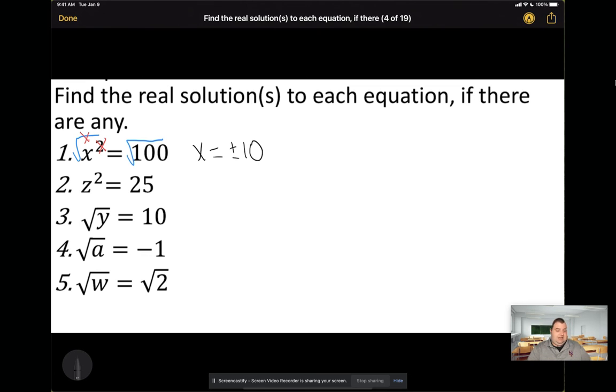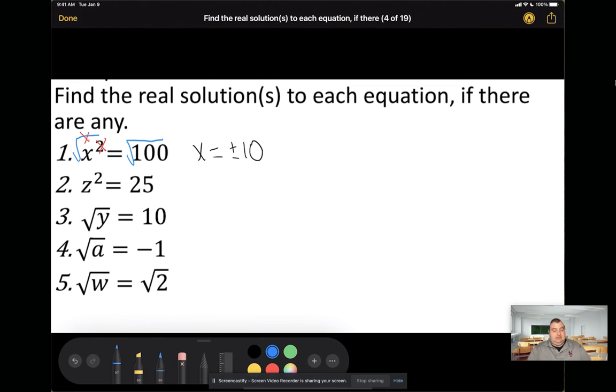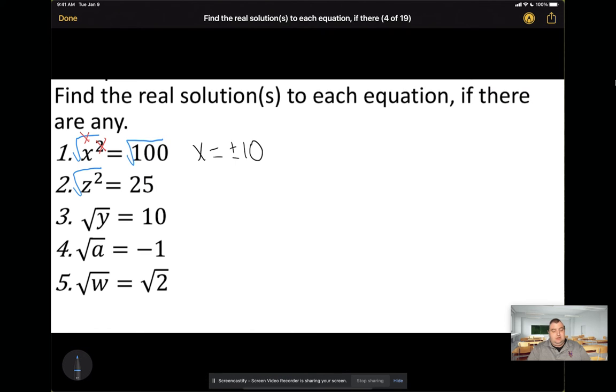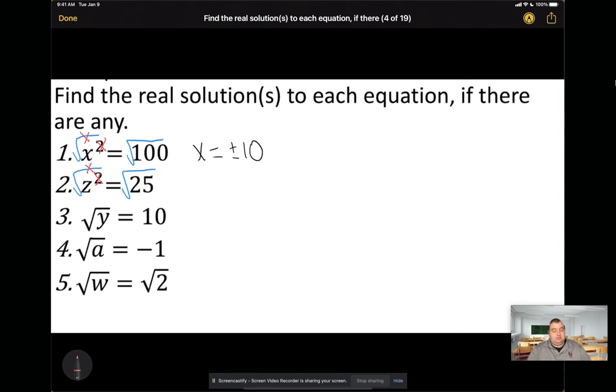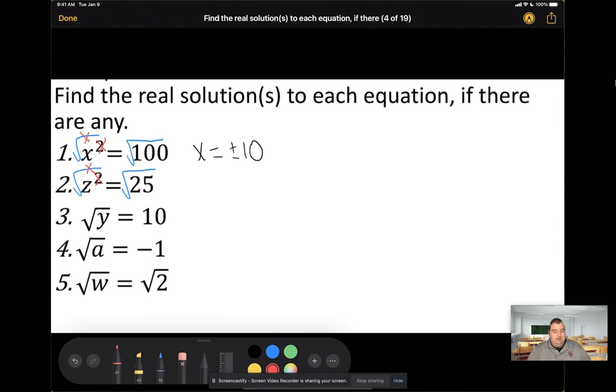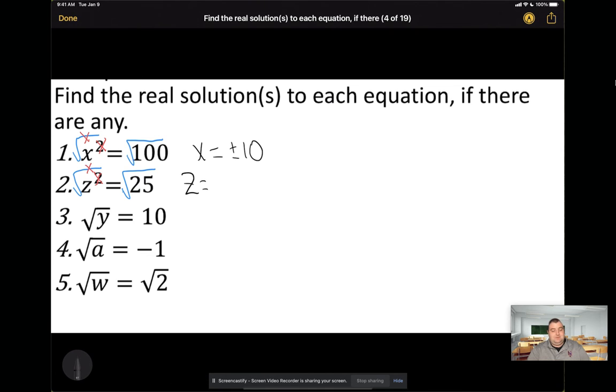The same thing is going to happen in number 2. I can solve that equation by taking the square root of both sides in order to get rid of the squared, in order to cancel that out. And I end up with, in this case, z equals positive and negative square root of 25, which is 5. Number 3, I have the positive square root of y equals 10.